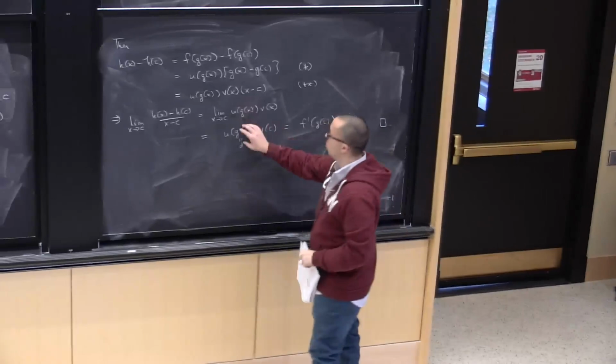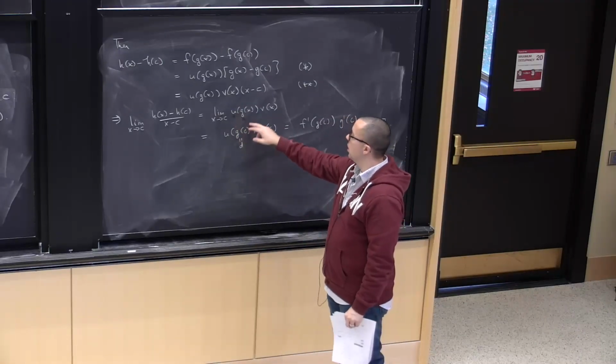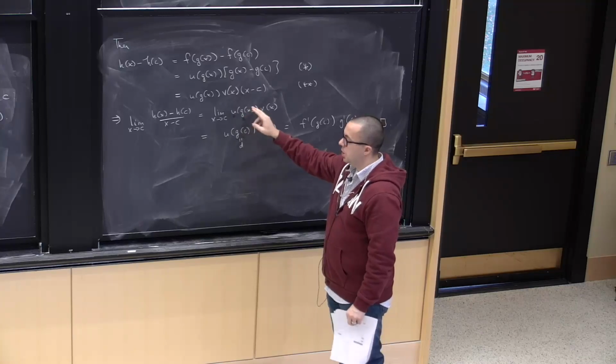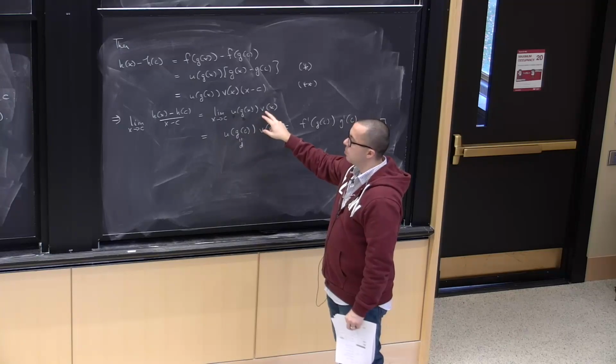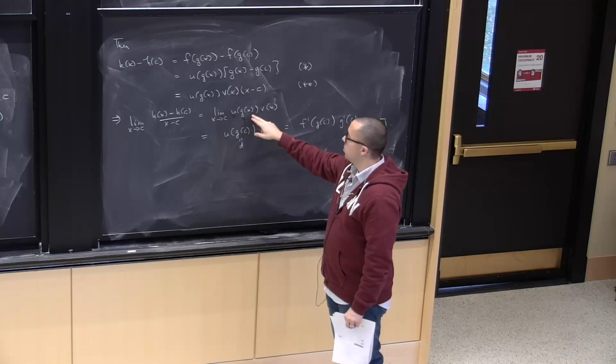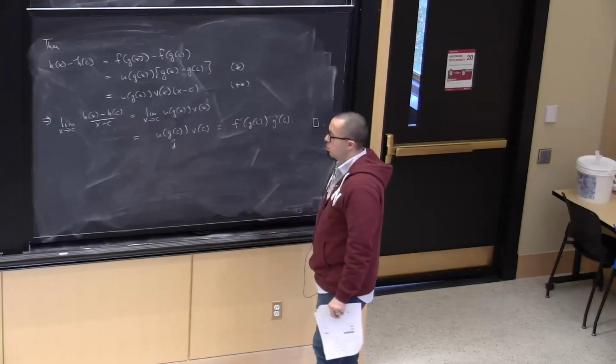So to go from this point to this point, we use the fact that u is continuous at g of c, which we proved over there, and that g is continuous at c, and therefore the composition of two continuous functions is continuous at that point.